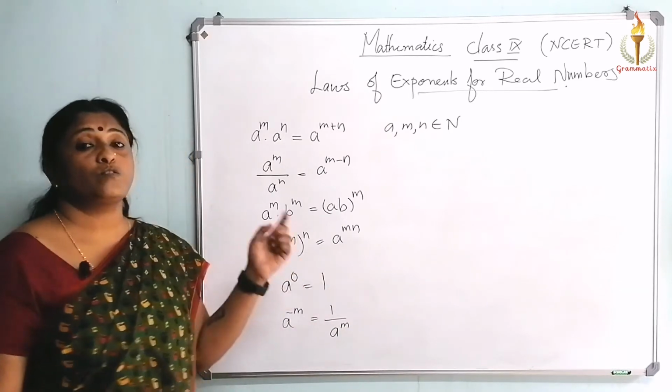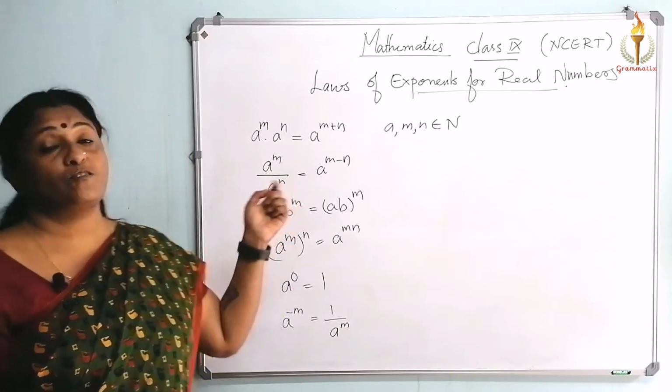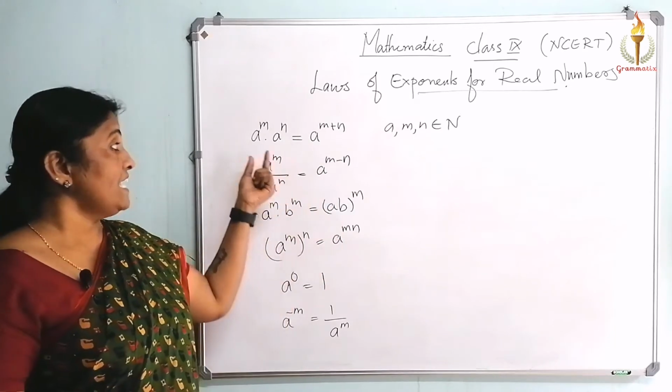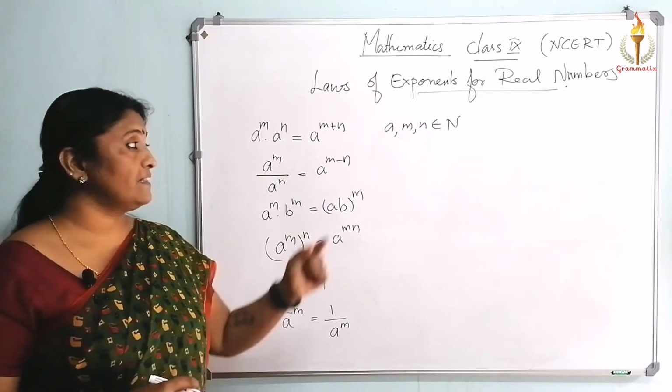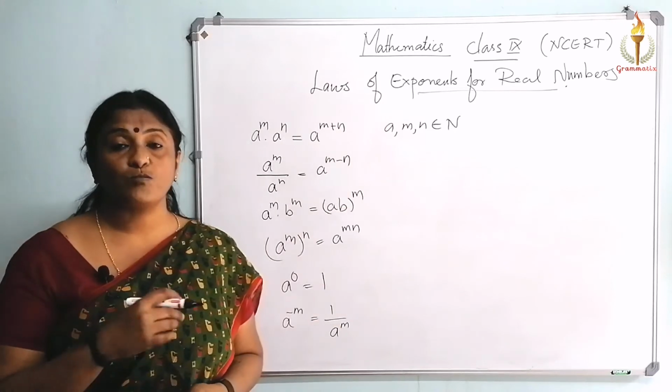So these are the laws of exponents we had studied for natural numbers, where a is called the base, m and n are called the exponents, and a, m and n are natural numbers.